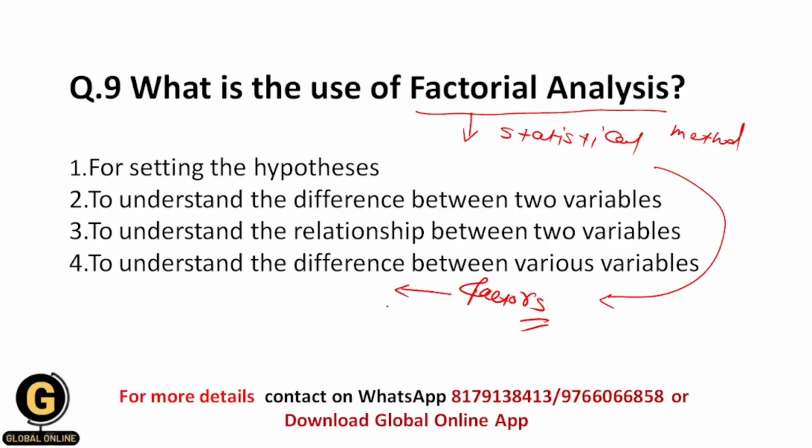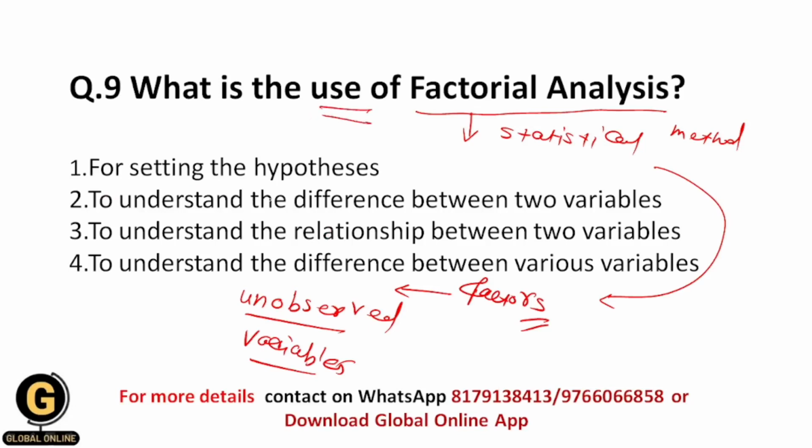These factors are unobserved variables. We haven't observed these variables, so based on these unobserved variables, we are assessing the variability between two variables that we know.